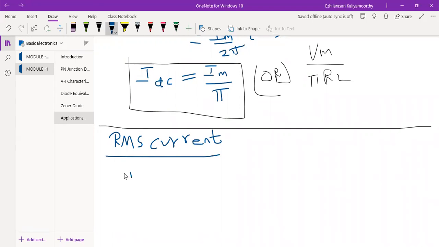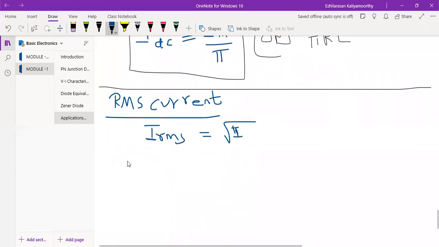It is the square root of the mean of the squared current, so IRMS is equal to root of I squared.